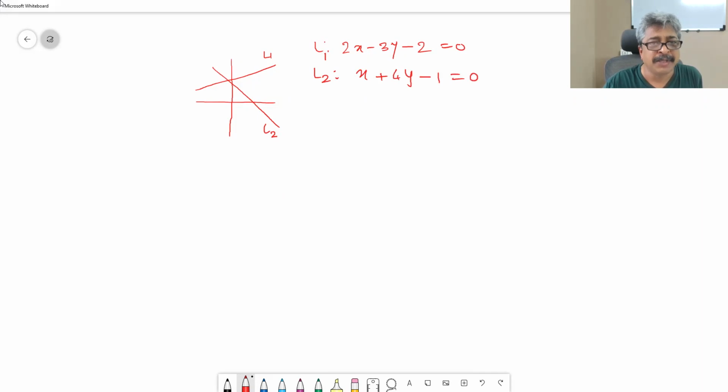Suppose these are the two lines, then what will be the joint equation of these two lines?